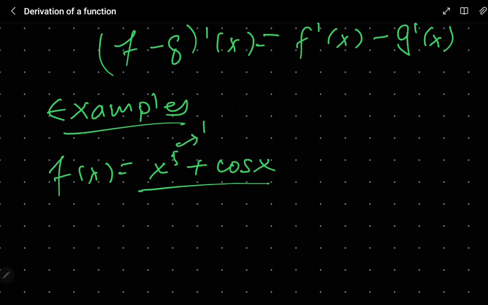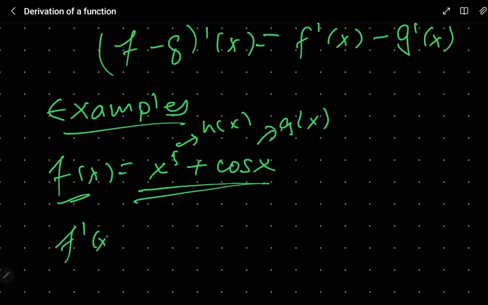So you can call this one h of x and this one g of x maybe. So f of x is the sum of h of x and g of x. So when you find f derivative of x, you do h derivative of x plus g derivative of x, okay?